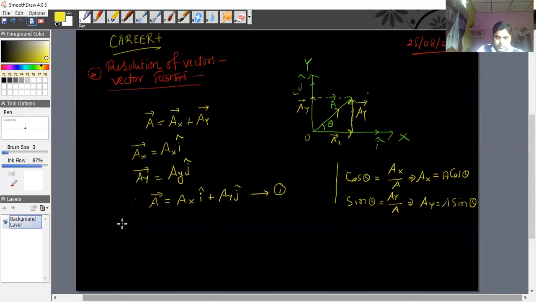So we can rewrite the equation this way. This is equation number 2 and that one is equation number 3.